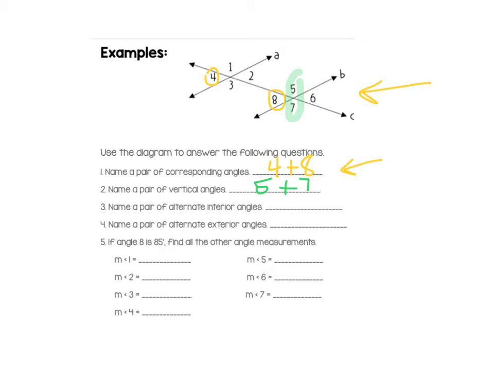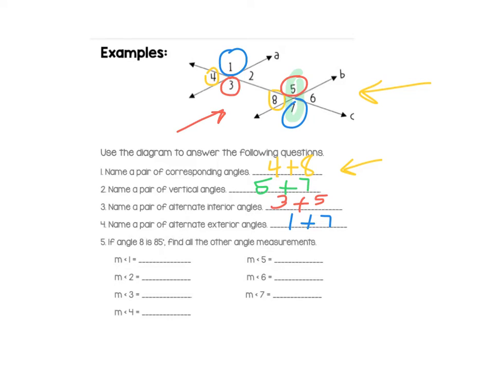A pair of alternate interior angles. So they're inside the parallel lines, but they alternate the transversal, like 3 and 5. A pair of alternate exterior angles. So they're outside the parallel lines, and they alternate the transversal, like 1 and 7.